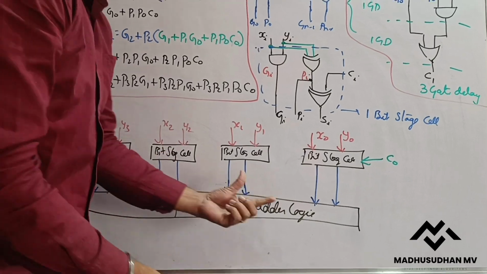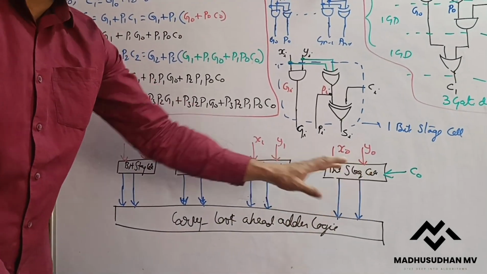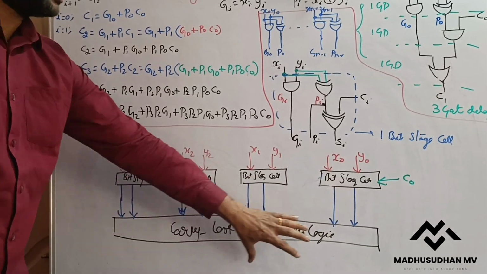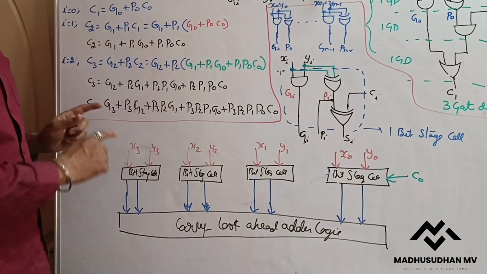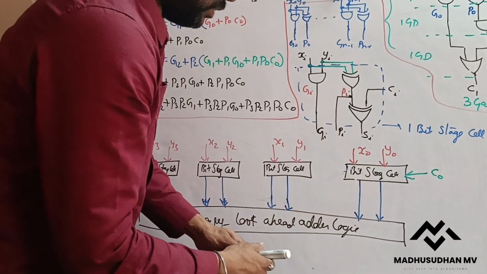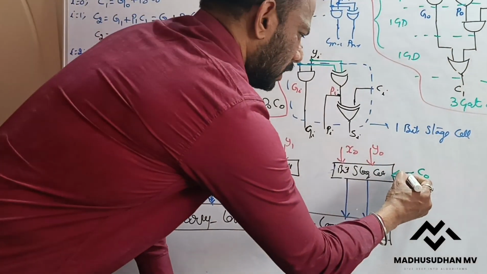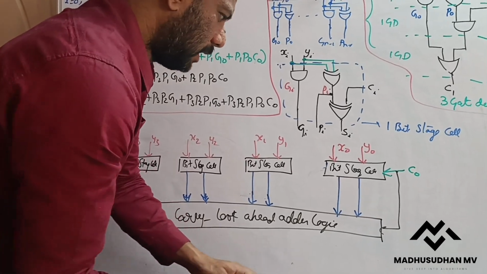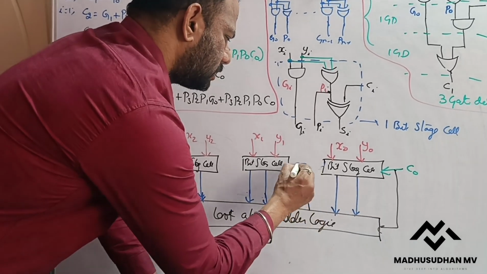Now see, this stage is not depending on this stage. Actually, we are generating using this logic. I am always depending upon C0 only. Once I know C0, I give it to here, and with this C0 I can generate the carry to the next stage.